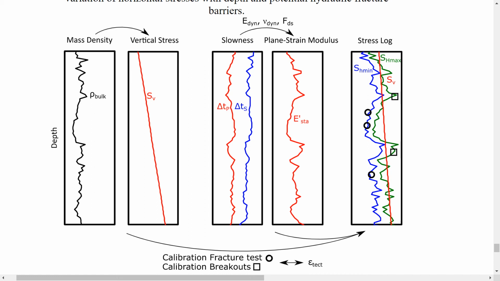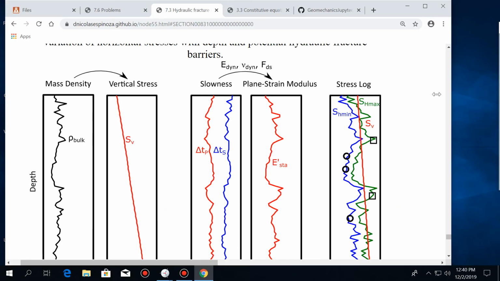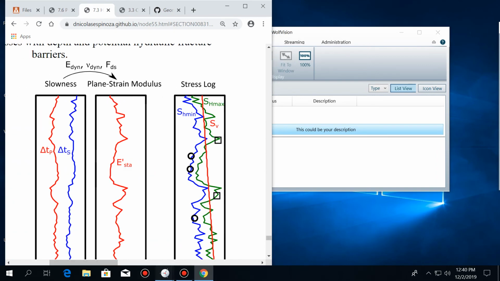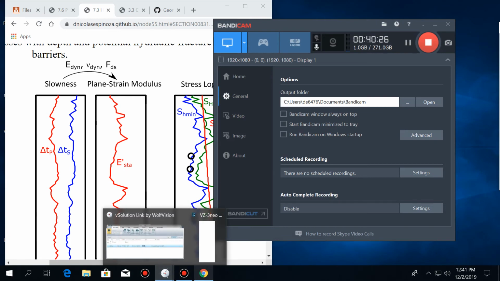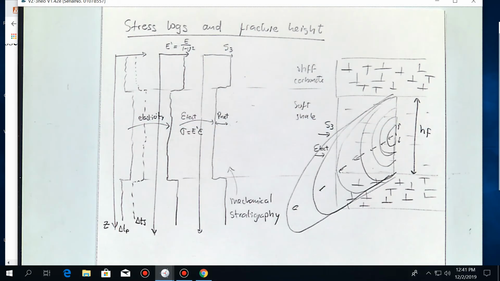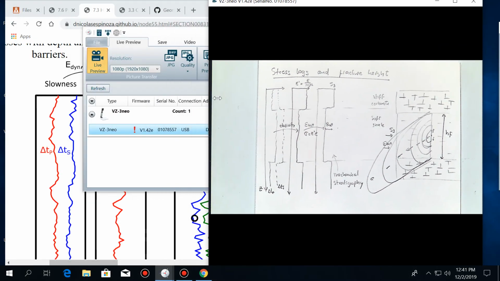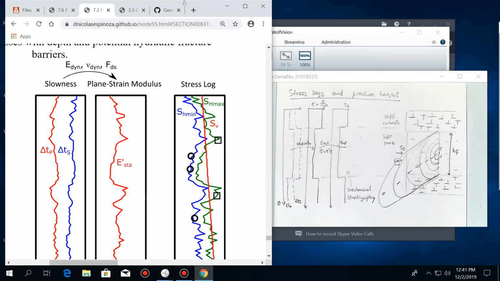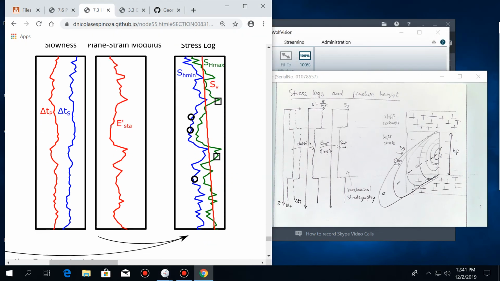Yes, I hope all of you can see that, but now this is a more realistic version of what I had over here. Let me find that. All right, it's a more realistic version of this, where your stress has a local minimum over here, and it increases up to there and there, so that if you were to start a fracture, probably at a relatively small net pressure, it will just stay around here.